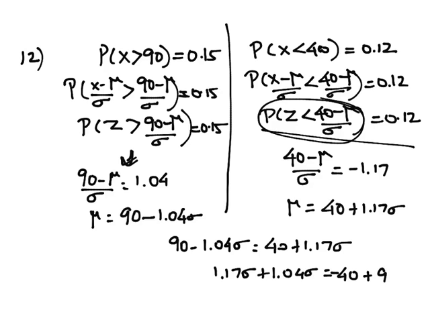So you basically get 2.21 sigma equal to 50. So sigma is 50 divided by 2.21. So find the value of sigma and then you can find the value of mu. So basically you get a simultaneous equation in mu and sigma.